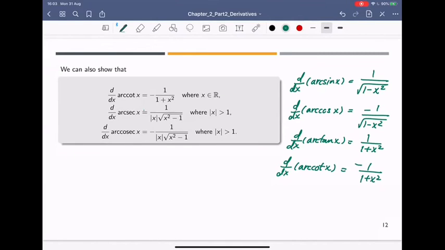Differentiate arctan, and you get 1 over 1 plus x squared. Differentiate arccot, the co-function of arctan, and you get the same thing with a negative sign. The same with arcsec and arccosec: arcsec gives you that, and arccosec gives you the negative of it. If you can memorize arc sine, arctan, and arcsec, then arccosec, arccot, and arccos are easy. You just add the negative sign.